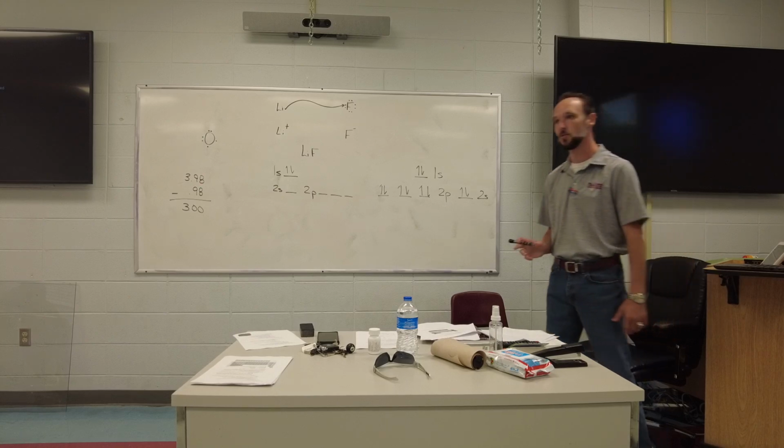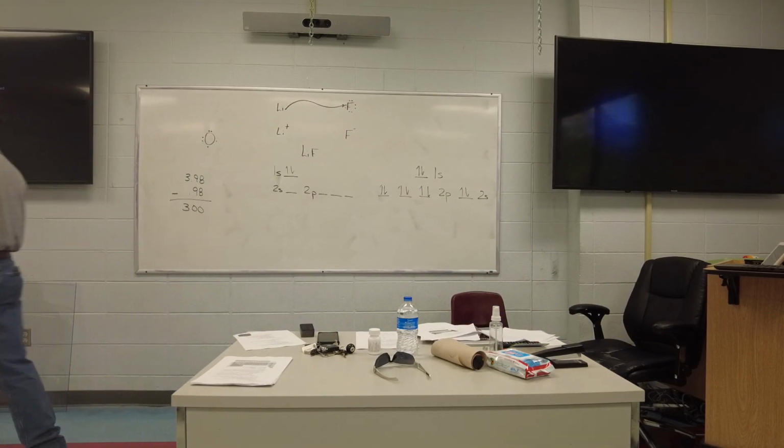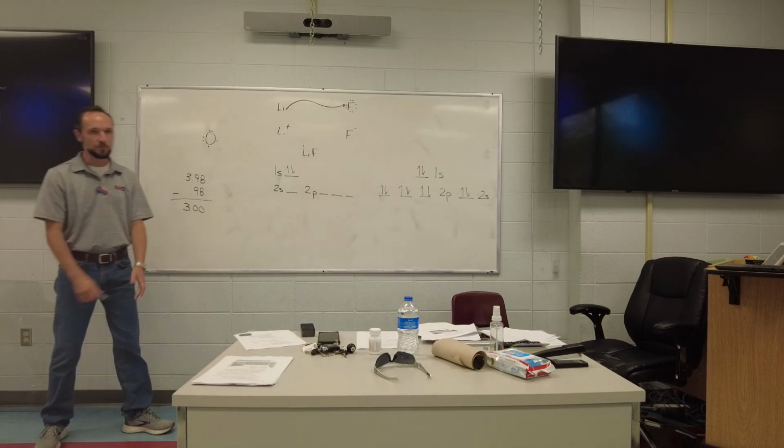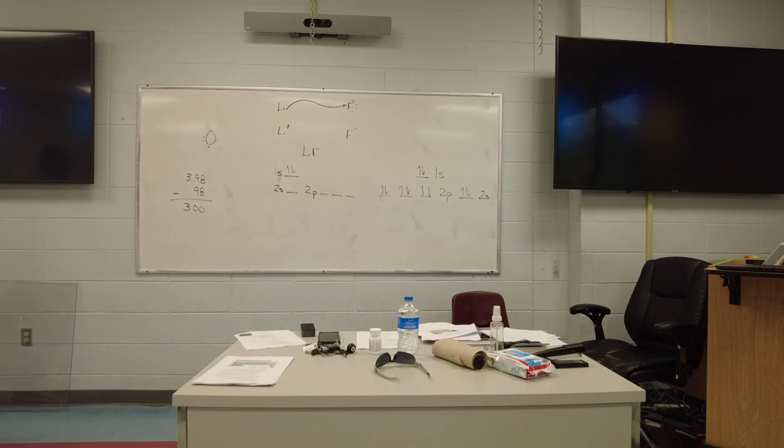Ionic molecules don't exist as individual pieces. Because when you move them into the solid phase, ionic molecules form a lattice structure like you see in the bottom right-hand corner. You get crystals, salt crystals, basically.